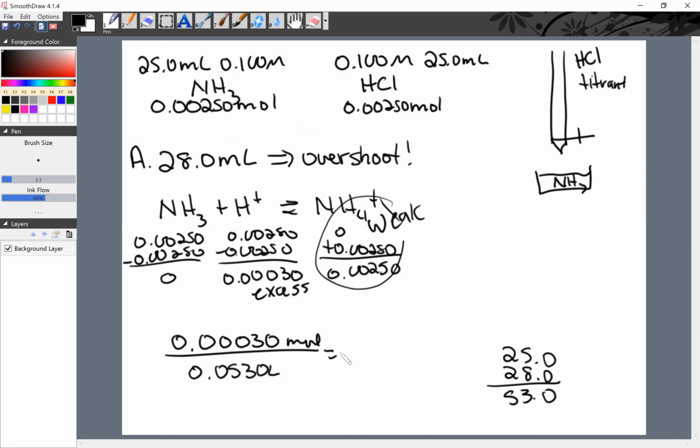So my new molarity of my excess acid is about 1.59 times 10 to the negative fifth.